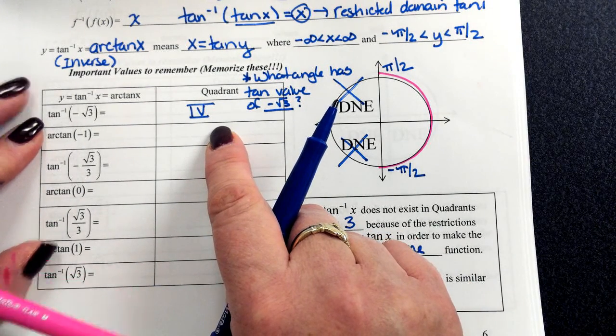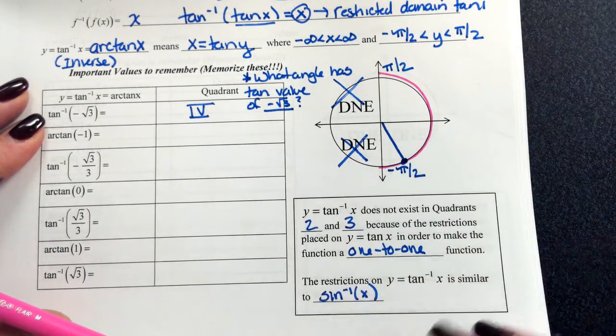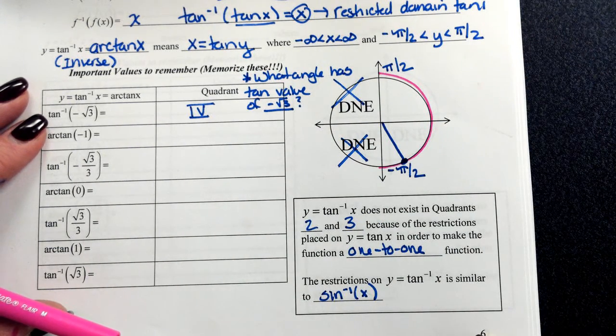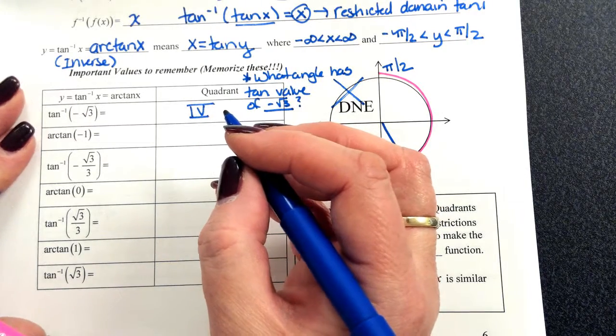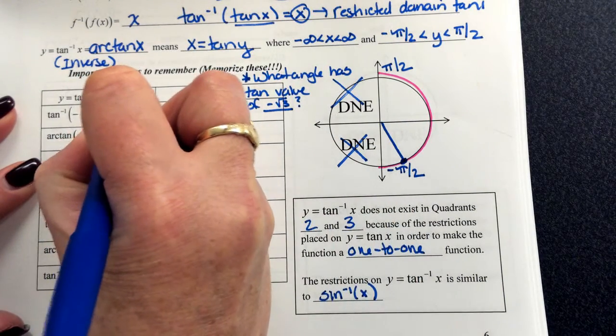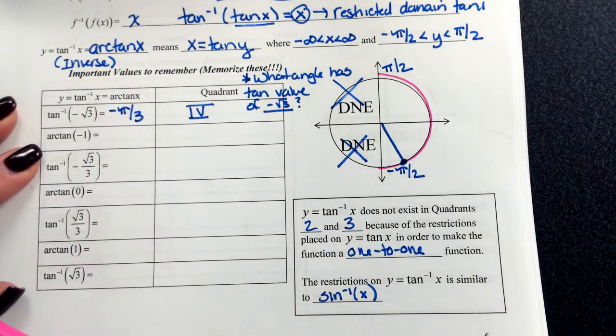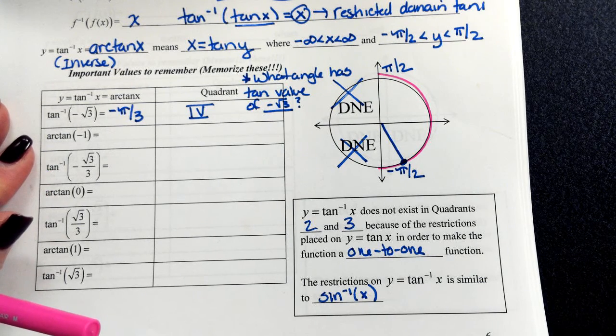So down here in quadrant 4, you have to find the angle that has a tangent value of negative square root 3, and it's got to be an answer between negative pi over 2 and positive pi over 2. So it's going to have to be negative pi over 3. You can't say 5 pi over 3. I agree 100% that the tangent of 5 pi over 3 is negative square root 3 in quadrant 4.